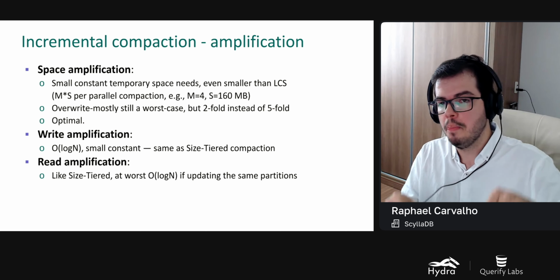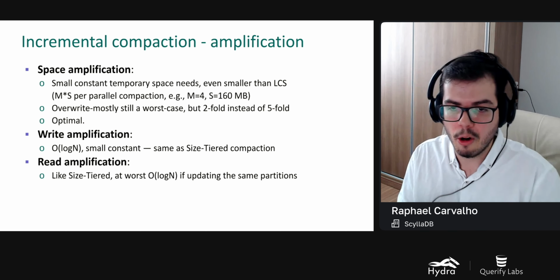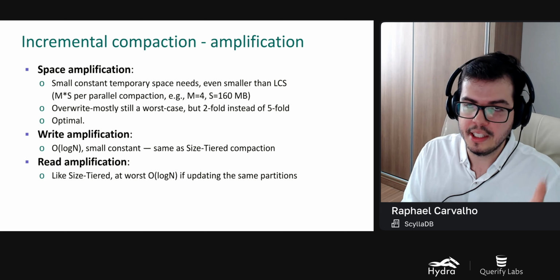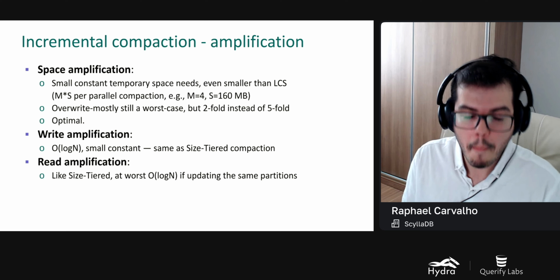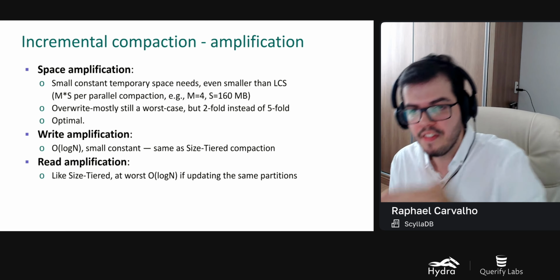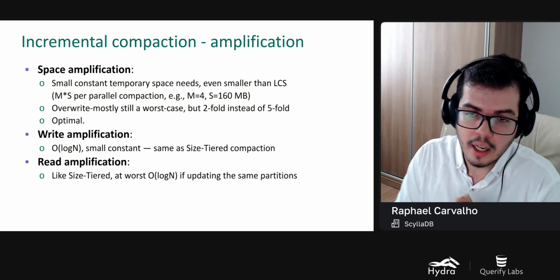But incremental compaction can come in two flavors: the first one is incremental compaction with the tiered policy, and the second is incremental compaction with the hybrid policy. The user can pick which one they want.